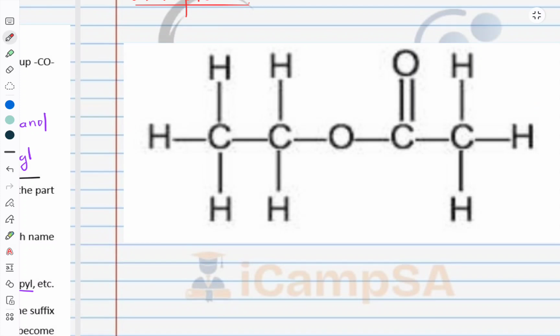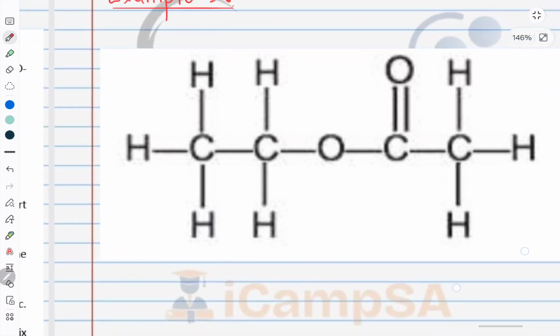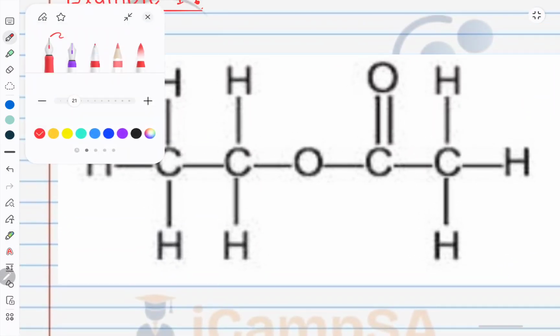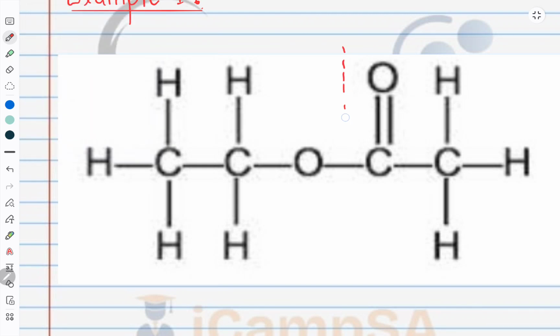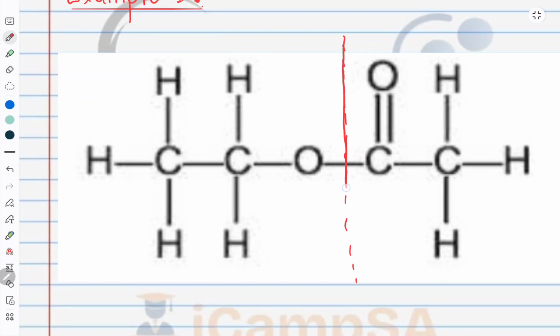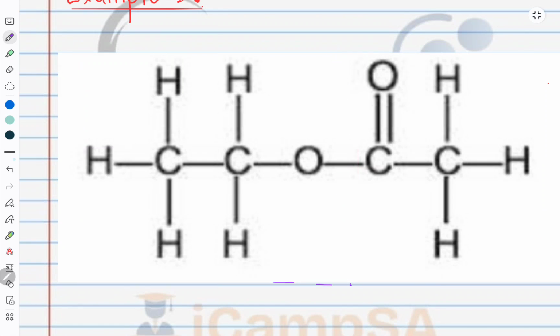All right, so we have this one as our first example. We do the same thing. We come where the oxygen is, and we create a split there. This will be the carboxylic acid part.